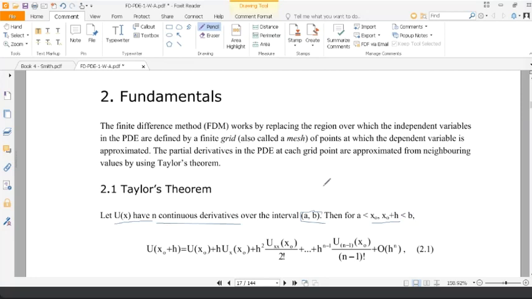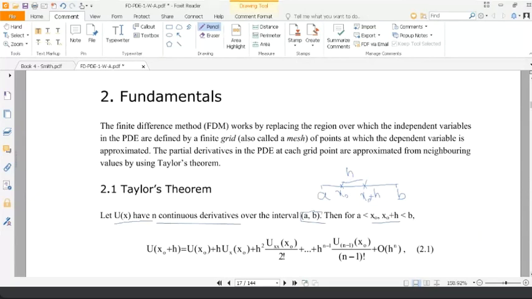If this interval is from a to b, x0 and x0 plus h are in this interval. And h means the step size. We call h the step size.